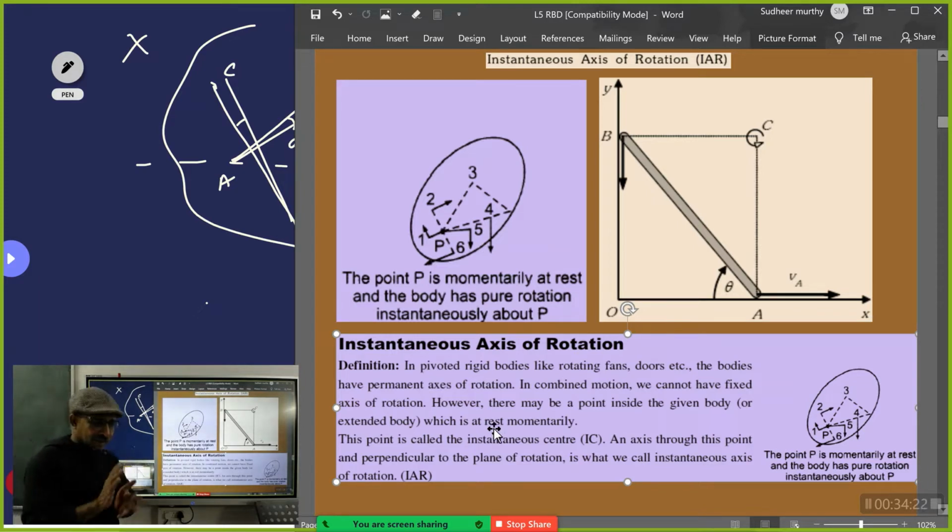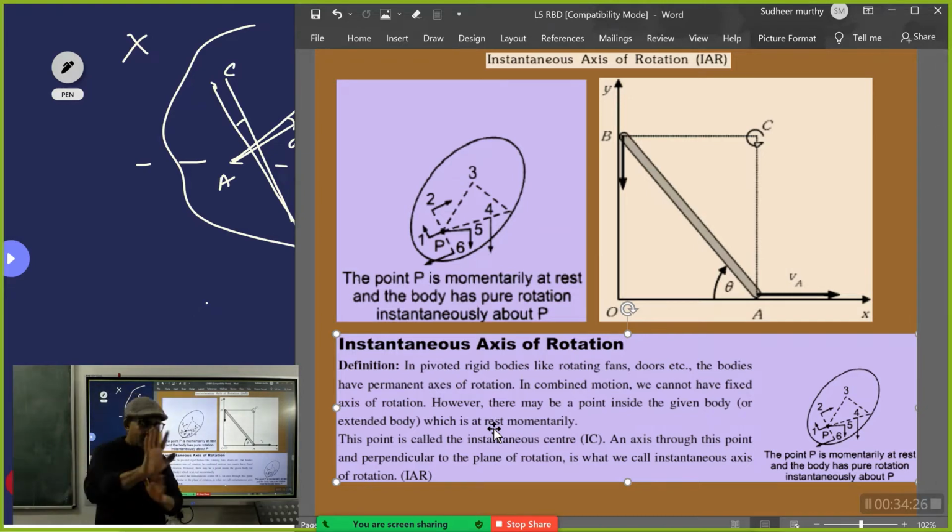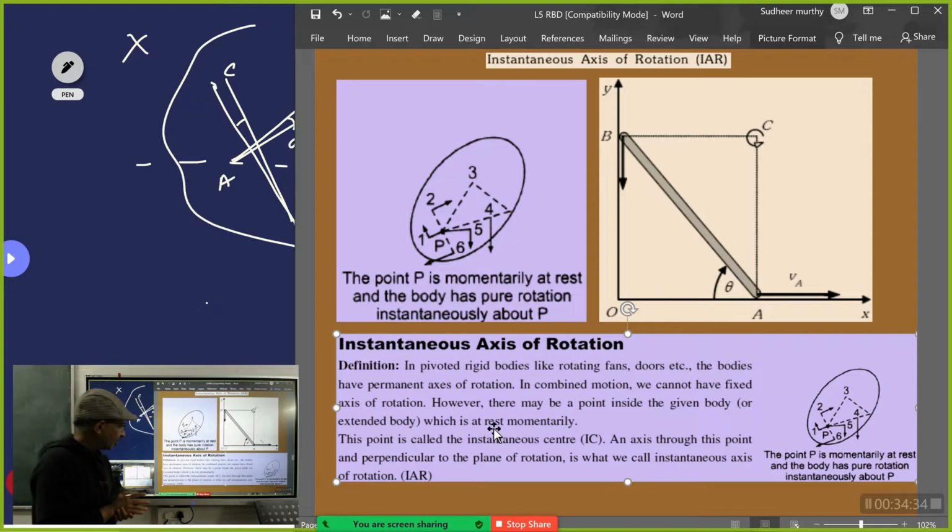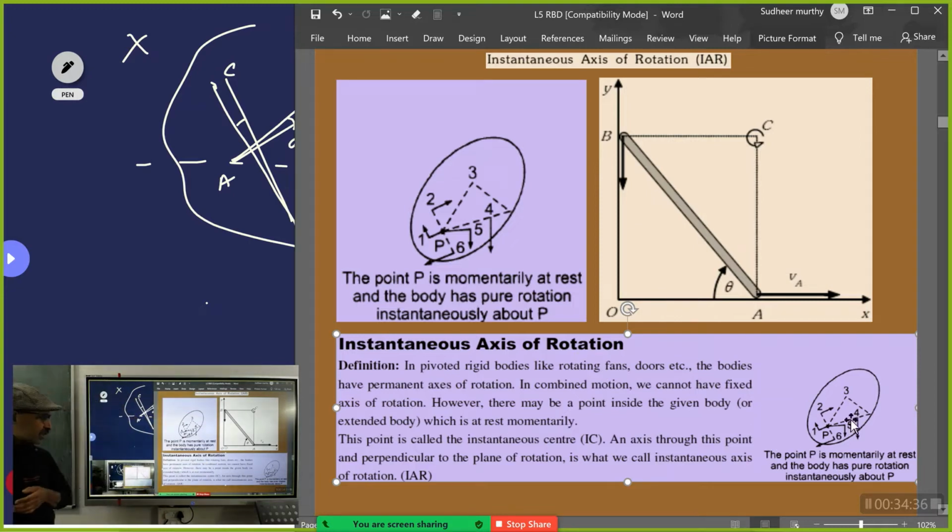This concept is created because we want to separate the combined motion into two motions: translatory and rotatory. This point is called the instantaneous center, IC. The axis through this point, perpendicular to the plane of rotation, we call the instantaneous axis of rotation, IAR.